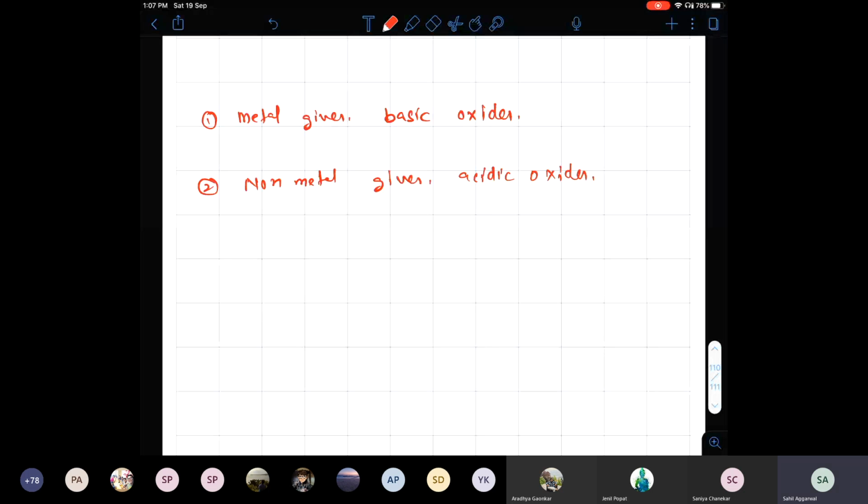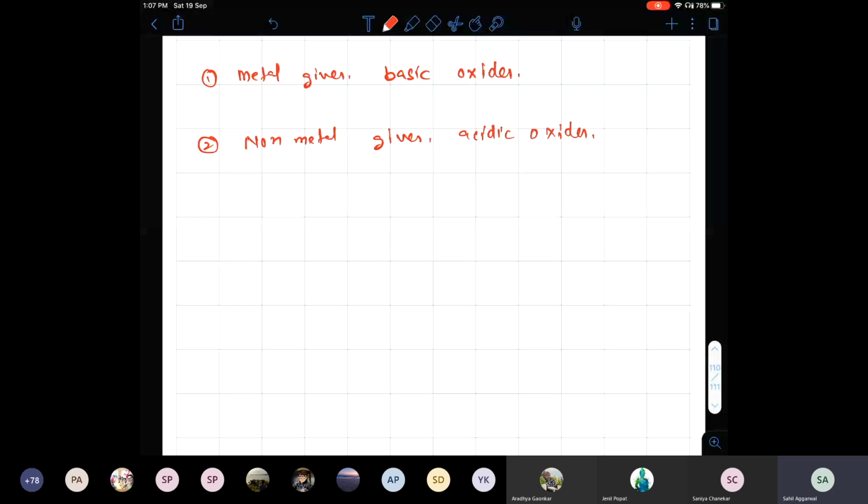Metal gives basic oxide, non-metal gives acidic oxides. And we also know in the periodic table, metallic character decreases left to right.